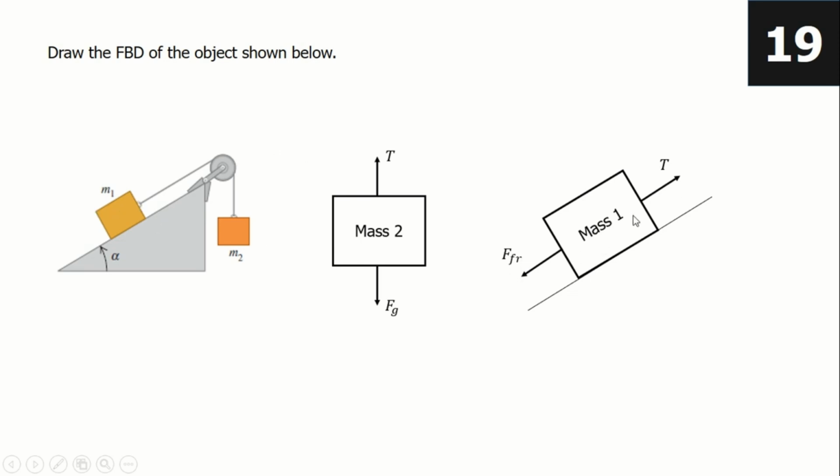That's why the frictional force right here is to the left, or downwards the incline, since the tension here is accelerating mass 1 upward the incline. So the frictional force will be opposite that. Gravitational force is always straight downwards, even if the mass is on an incline, but the normal force will always be perpendicular to the surface. So that's why it looks like this.